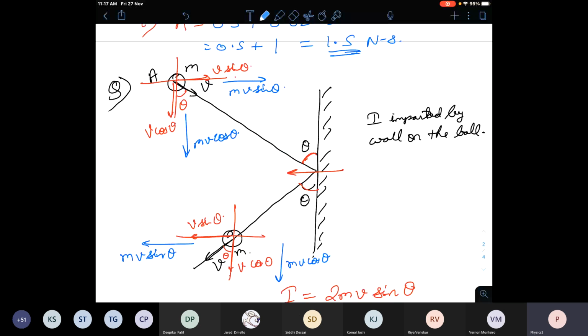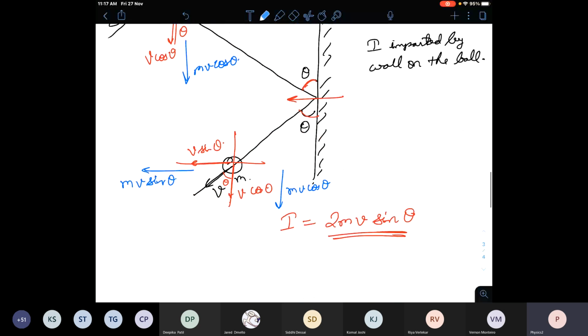So if you calculate the change in momentum, you cannot integrate f dot dt because there is no force, there is no time. But there is momentum. Since there is momentum, impulse can be written as delta p, that is p final minus p initial. If we are just talking about the magnitude, we can apply a mod sign.